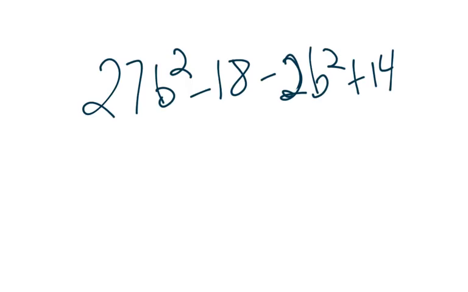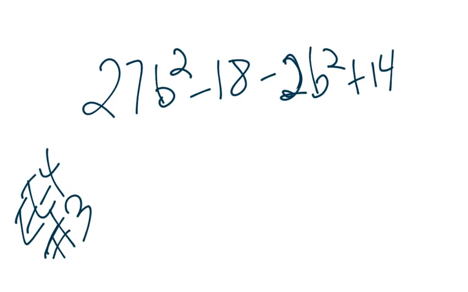Okay, so this one is similar to number 3. You're close on number 3, but you have just a little bit of mistakes. Okay, so 27b squared minus 18 minus 2b squared plus 14. So like I said, this is really similar to EE4 number 3.